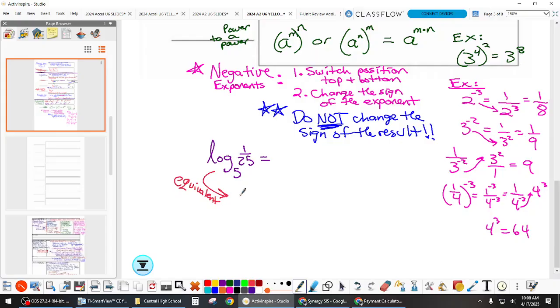It's equivalent to this: 5 to the x equals 1/25th. How do I make a 5 go to the denominator? It has to be a negative exponent, right? Not a negative result, but a negative exponent. So it has to be negative 2. Move it down and square it. Seem okay? It's a little weird, I understand that.